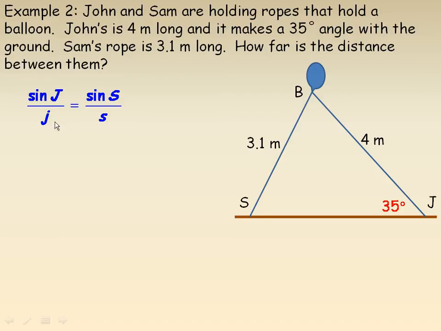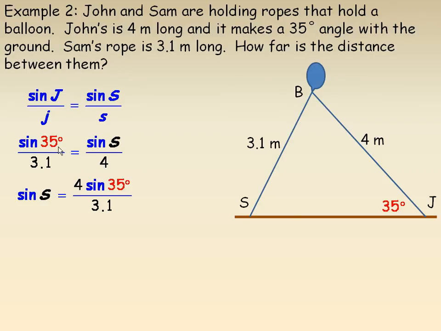The sine of angle J over side j would equal the sine of angle S over side s. Filling in the values, angle J is 35 degrees, side j is 3.1, and side s is 4. Cross multiplying, 4 times the sine of 35 divided by 3.1 is what the sine of angle S would equal.